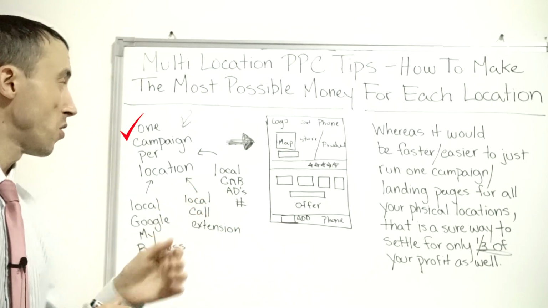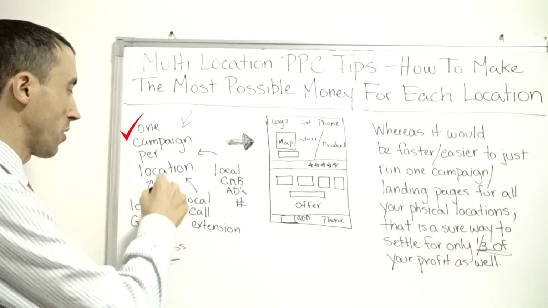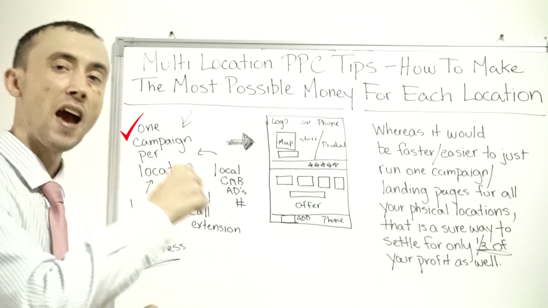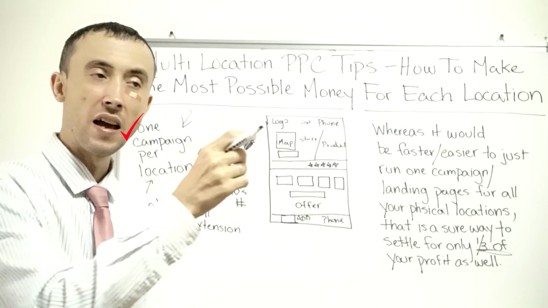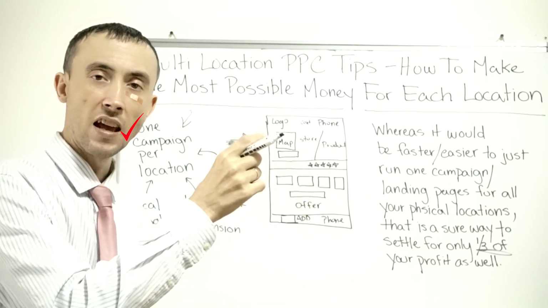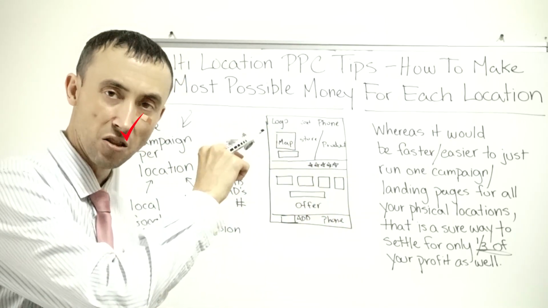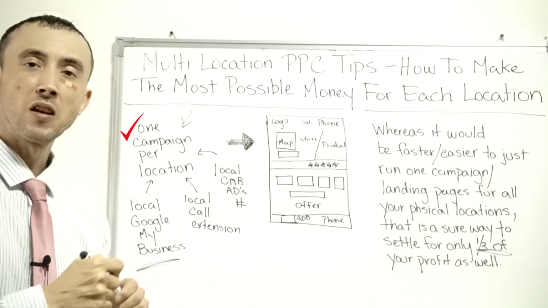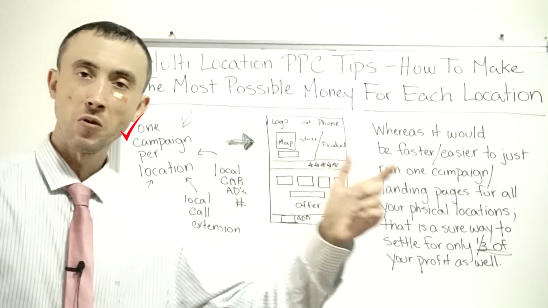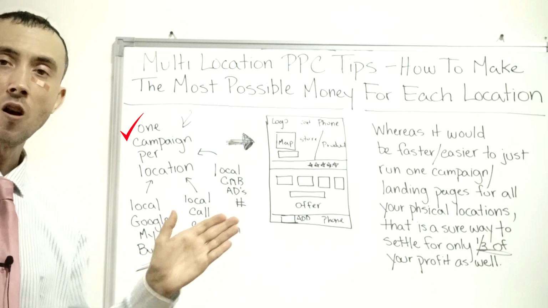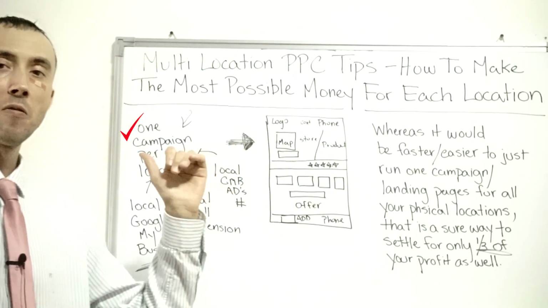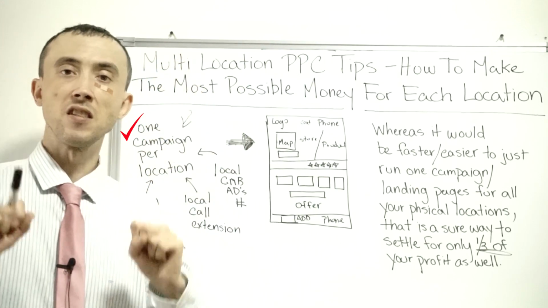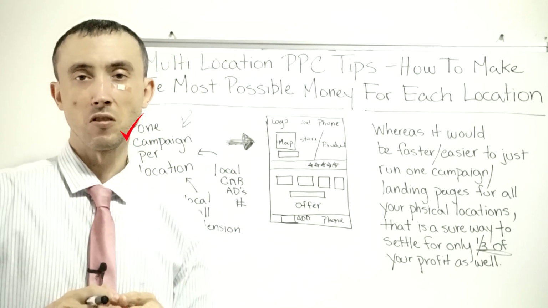But if you have a Google My Business location extension added to your ad, you can show up in that 3-pack as a sponsored listing, and it says sponsored right next to it. If somebody calls from that sponsored listing within the 3-pack, that call can be recorded as a conversion in Google Ads if you have the calls from ads number filled in on your Google My Business profile.